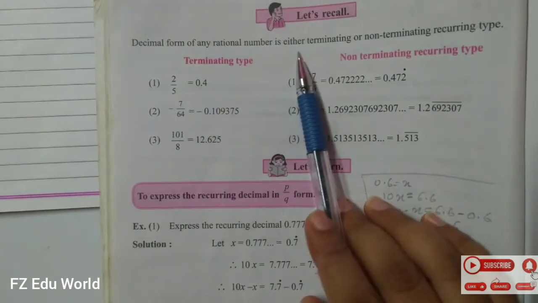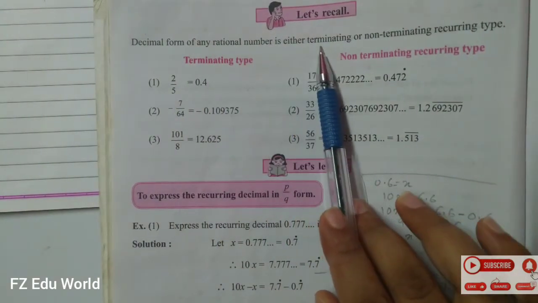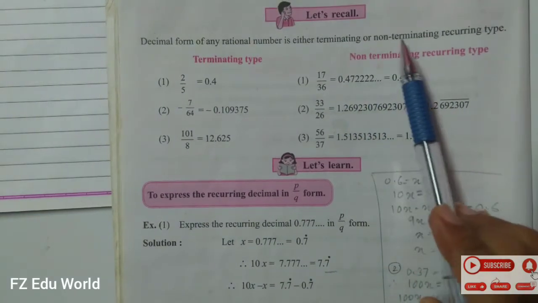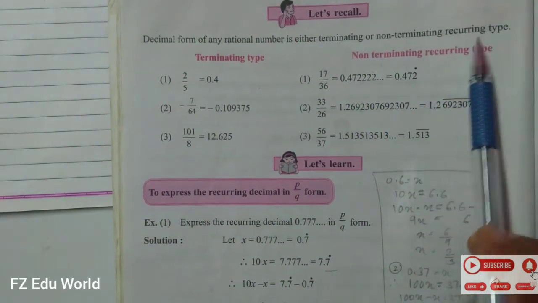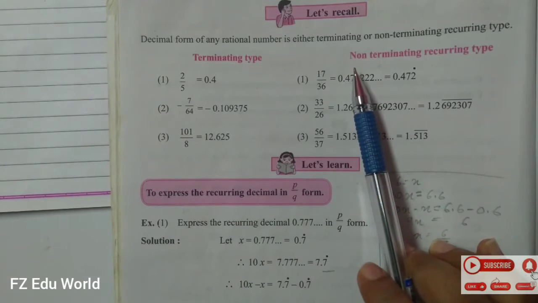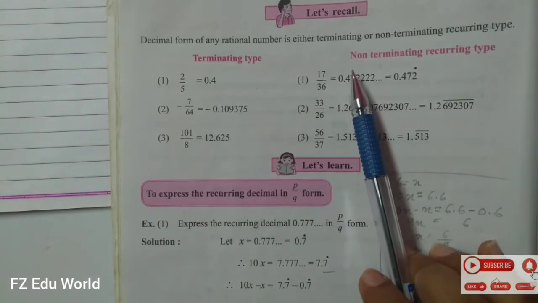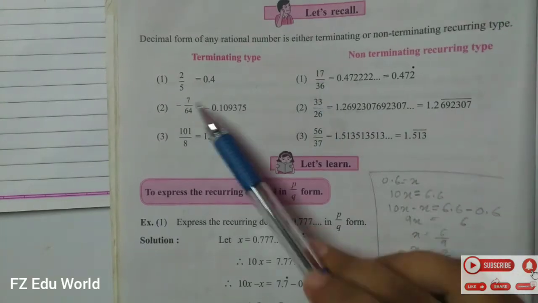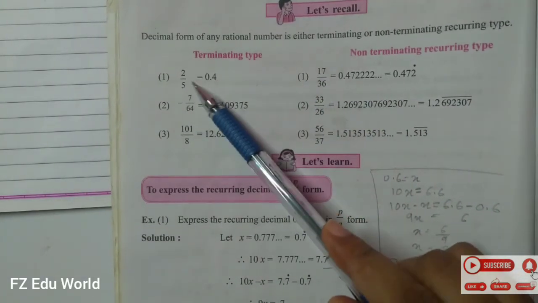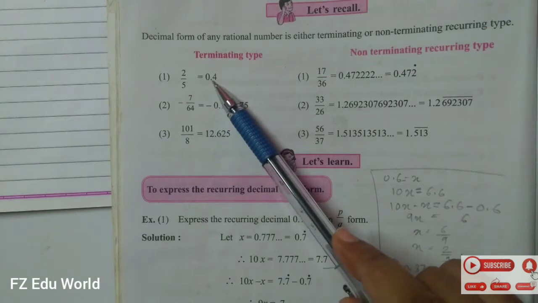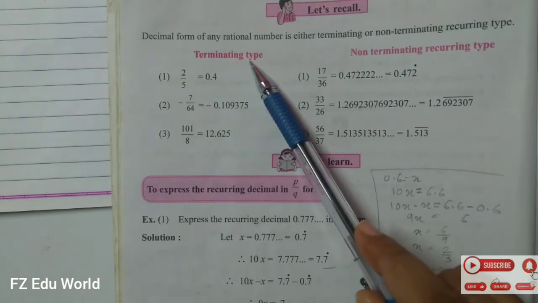Decimal form of any rational number is either terminating or non-terminating recurring. In 8th standard, we have studied what are terminating type and what are non-terminating recurring type. If we divide 2 by 5, the answer will be 0.4. It's terminating type.